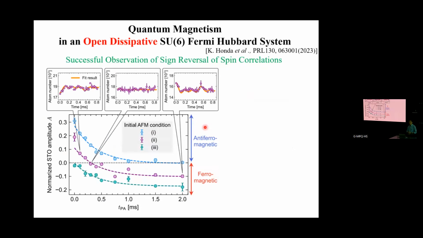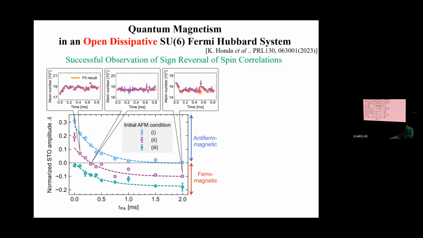Okay, and this is the main result of this experiment. Here we plot the spin correlation as a function of the irradiation time of the photoassociation light. And here I also show the STO signal at this time, and you can clearly see the sign reversal of the STO signal, which means the sign reversal of the spin correlation.